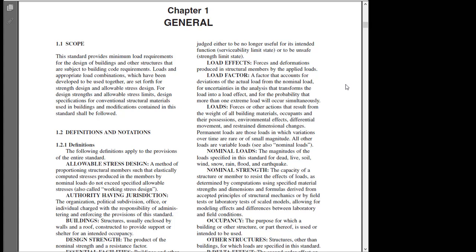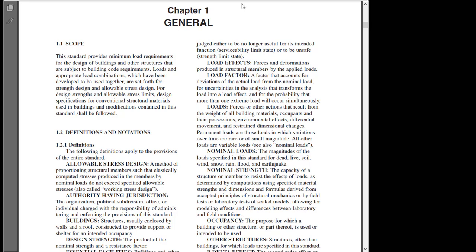And according to the American Society of Civil Engineers, loads are forces or other actions that result from the weight of all building materials, occupants and their possessions, environmental effects, differential movement, and restrained dimensional changes. So this definition is also pretty much just providing examples of what loads are, but regardless, this is the definition that we have for what a load is.